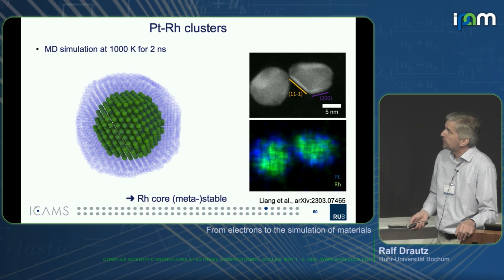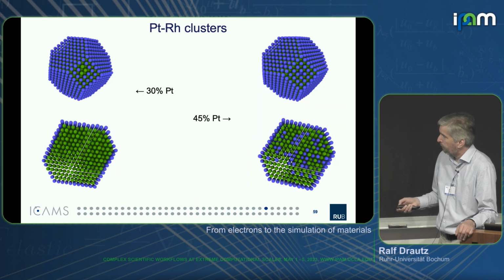And that actually, if you do this experimentally, so these are experiments from Tina Scheu's group at the Max Planck Institute for Eisenforschung in Düsseldorf, you see that this rhodium core, so this is the experiment here, remains stable even at higher temperature, where we predict thermodynamically it should dissolve here.